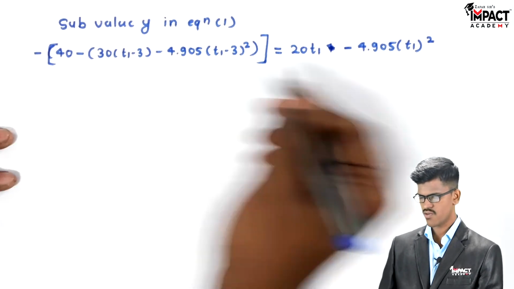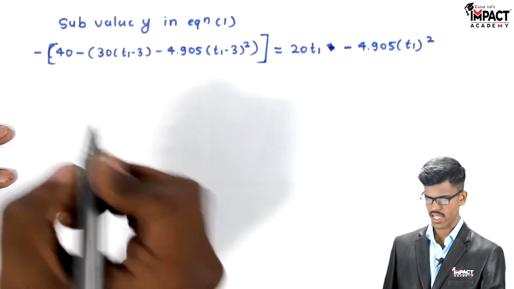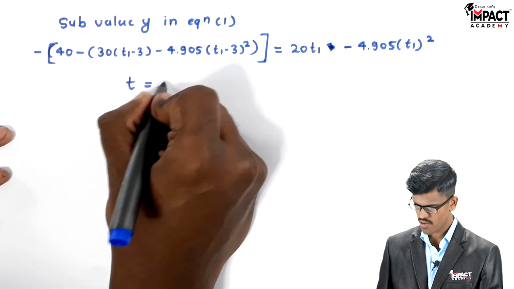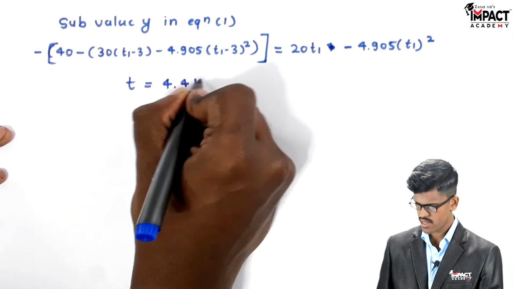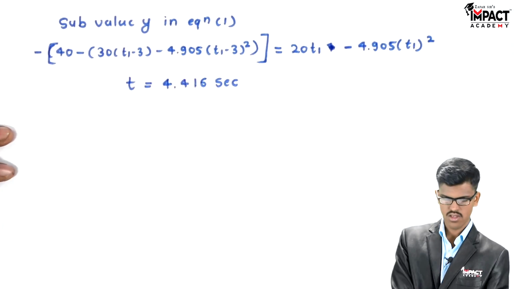If we solve this equation, we get the value of t, and t is equal to 4.416 seconds.